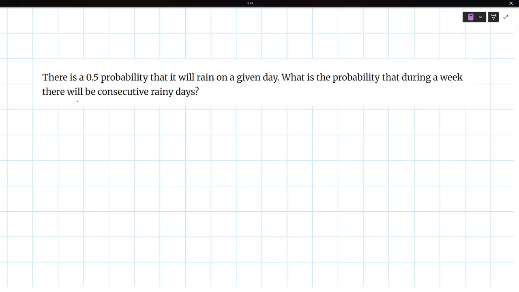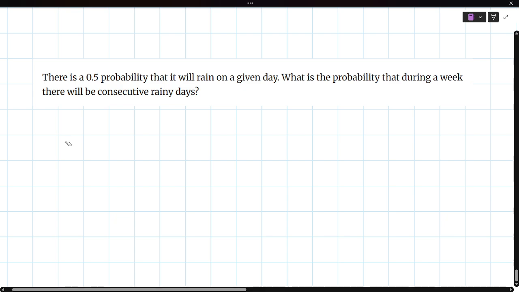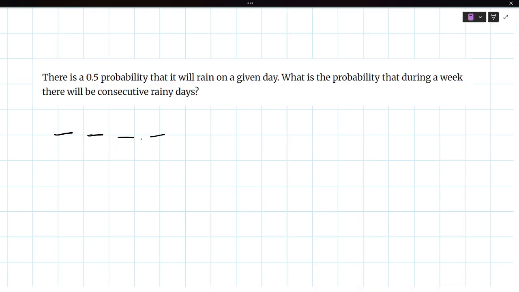I thought about consecutive rainy days as follows. For instance, in a week you have 7 days, and I'm going to denote that with seven spaces or bars.